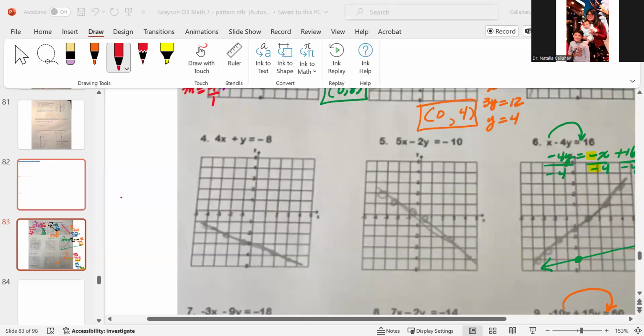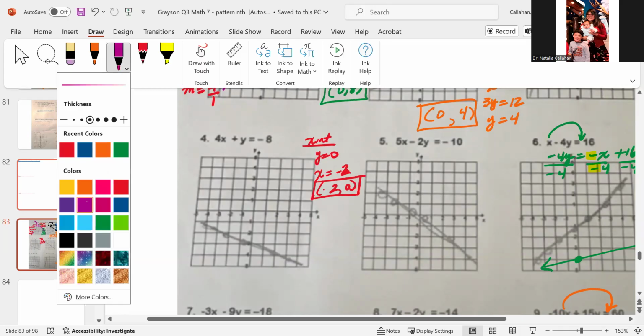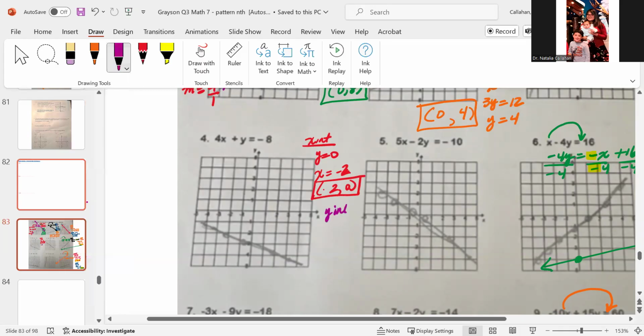With number 4, x-intercept, what was your answer? Not 2. It's negative 2. Negative 8 divided by 4 is negative 2. What was your y-intercept?